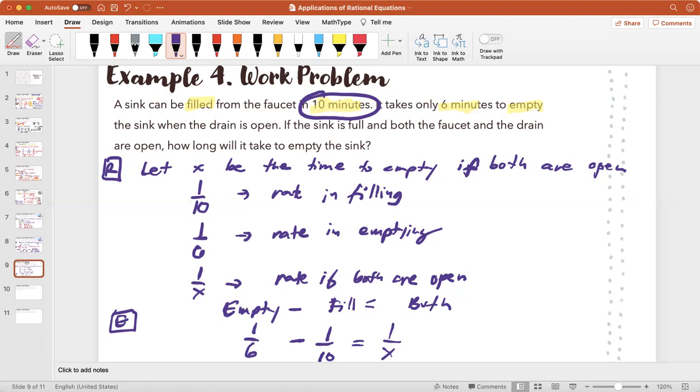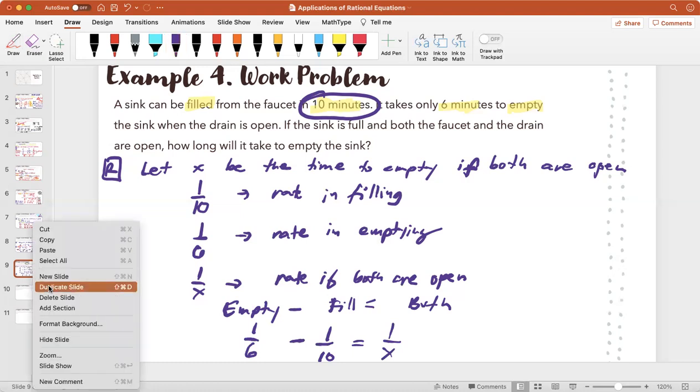So emptying should be the bigger rate. We cannot do filling minus empty here because emptying is higher in terms of speed. If you switch that, you will have a negative answer. We are avoiding a negative answer. So let us solve this equation now.